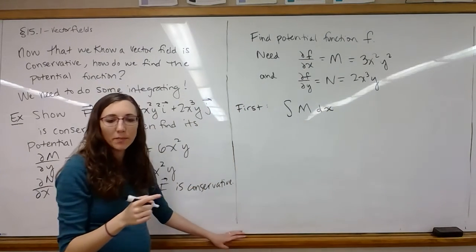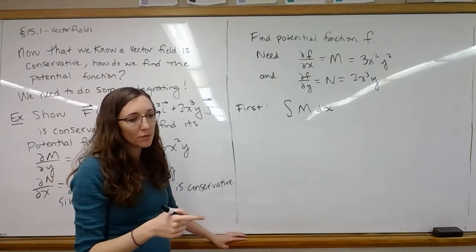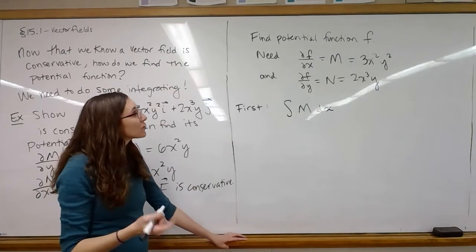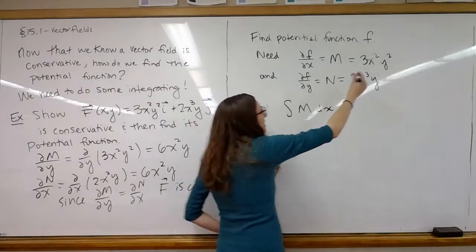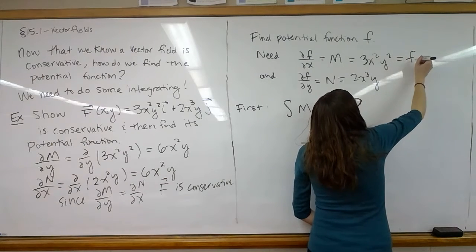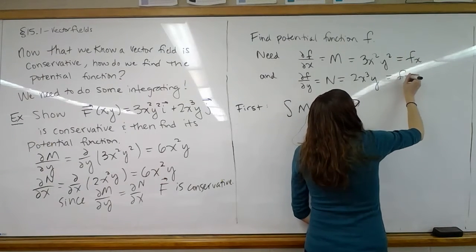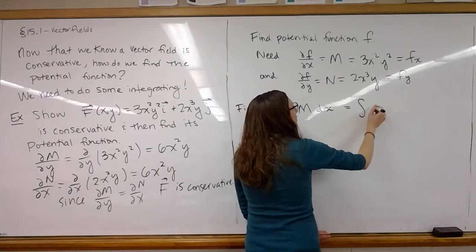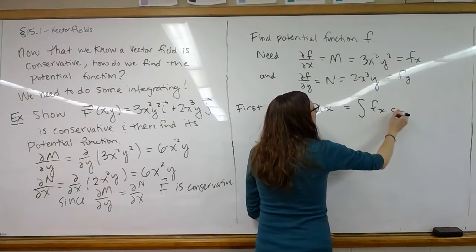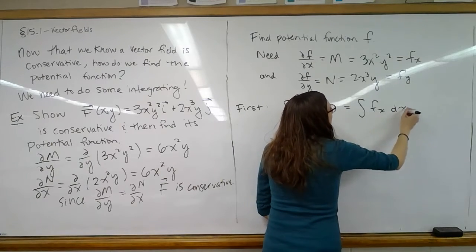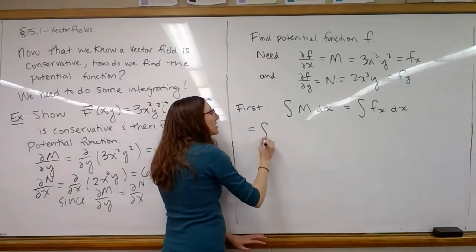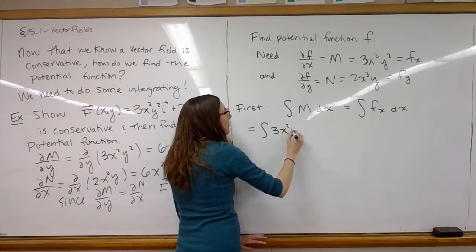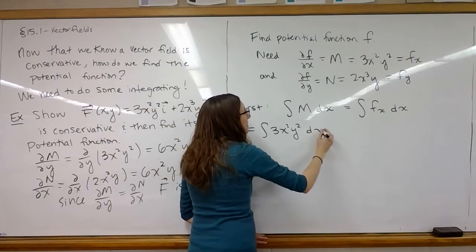We're taking that first component and taking the integral with respect to x. Another way to write this is that this should be f sub x, and this one should be f sub y. So we're taking the integral of f sub x with respect to x. So that's the integral of 3x squared y squared dx.